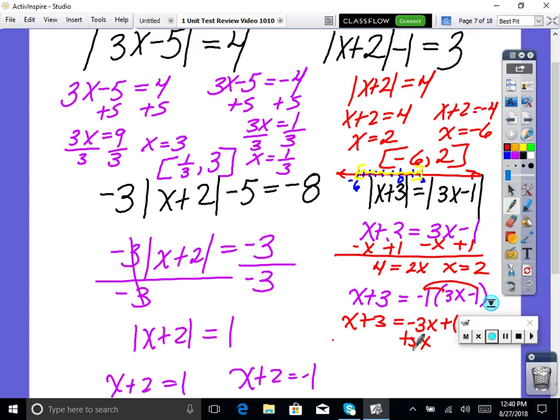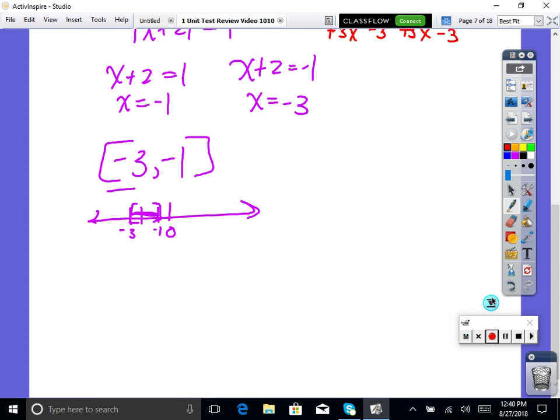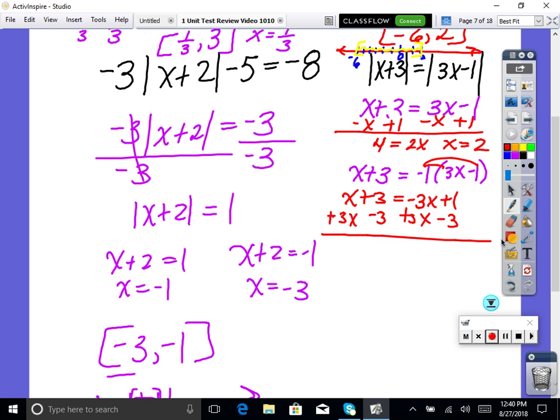So I'm going to add 3x, minus 3. So I don't suggest doing 2 steps like I'm doing here because a lot of you will make errors. So just do it in sections, like just combine your x's, rewrite it, and then rewrite it again. So we have 4x is equal to negative 2, divide by 4, and x is equal to negative 1/2.